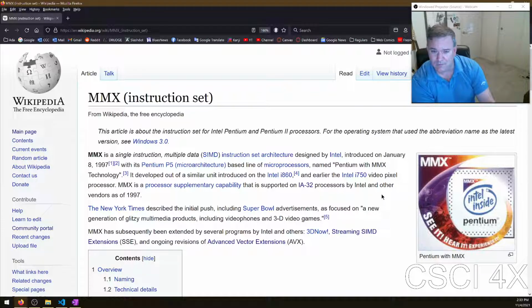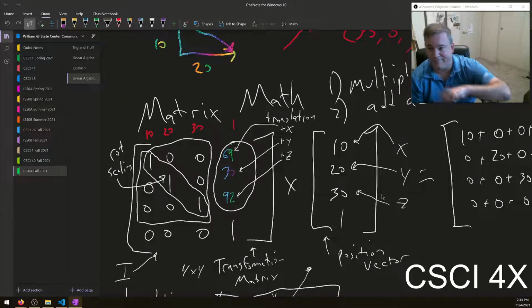So a year later, Intel comes out with a chip that supports matrix multiplies in the CPU. And it drastically accelerated how quickly an Intel chip would be able to do this.